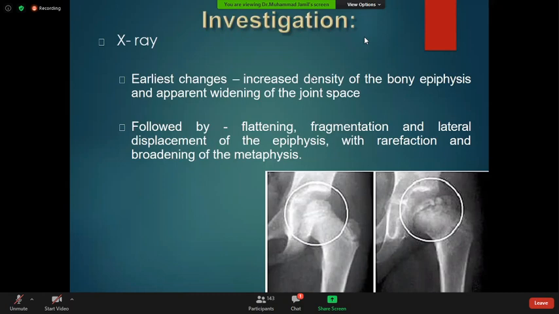Later there will be flaking, fragmentation, and lateral displacement of the epiphysis. When we draw a line over here, the head is going to be displaced, so it is not fully covered by the acetabulum, with rarefaction and broadening of the metaphysis. This metaphysis is very broad compared to the normal.